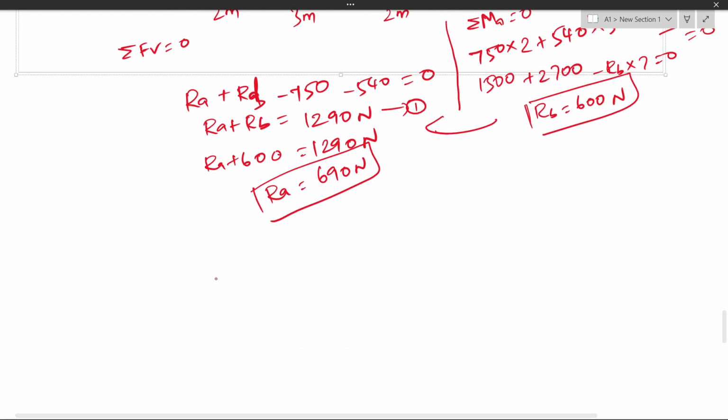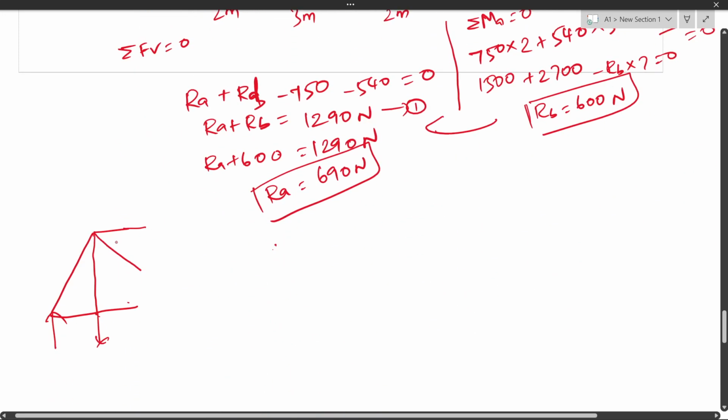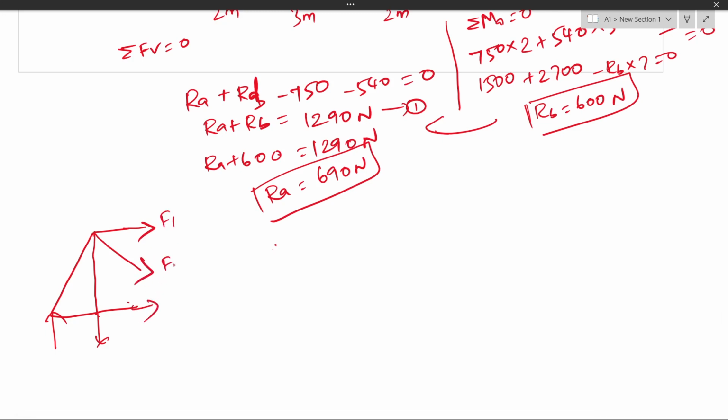Okay, then you can get a figure like this. One reaction force, an external force, and three unknown forces. We can call these F1, F2, F3, three unknown forces. Initially, we take them as forces moving away from the point for calculation. We know the two support reactions, so RA is 690 and one external force is 750 Newton, and this distance is 2 meter and this is 3 meter.